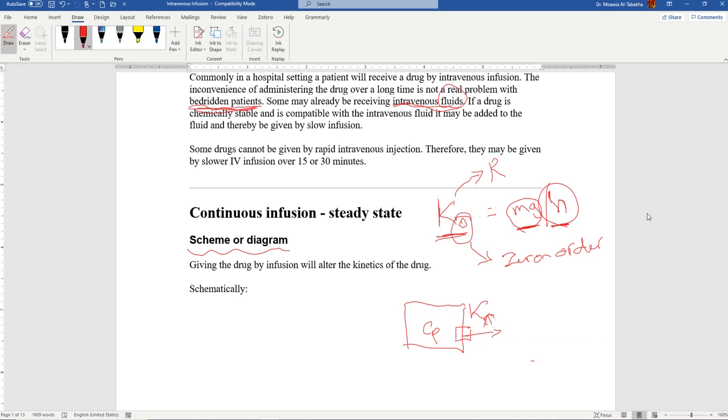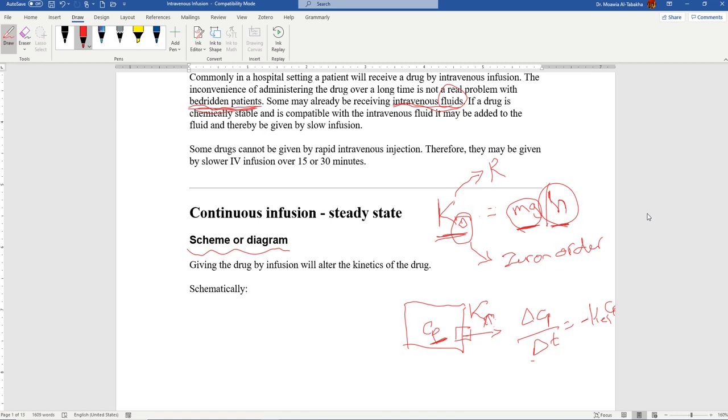Before, what did we say? If you remember, how does the concentration change here? We used to say delta Cp divided by delta T is equal to minus KEL times Cp. You remember this equation. Well, it still holds true.